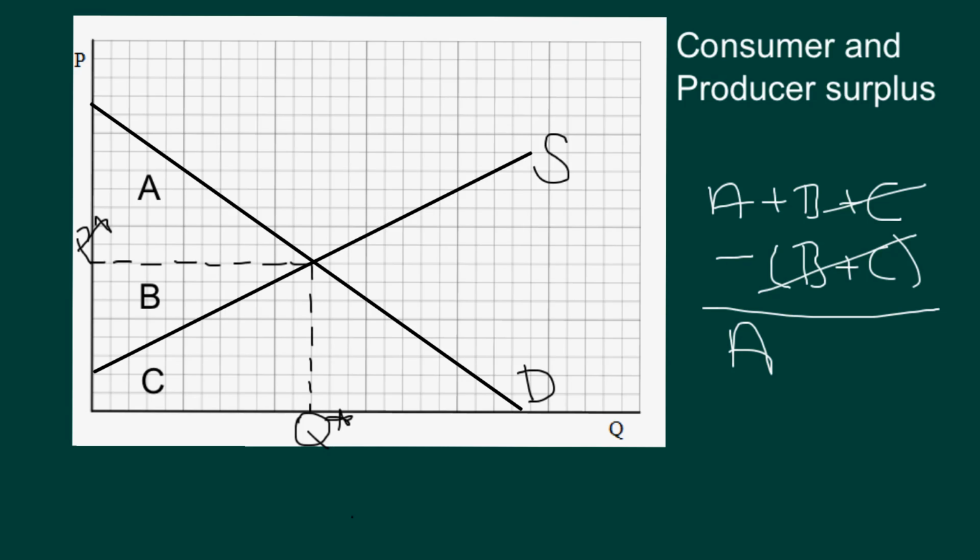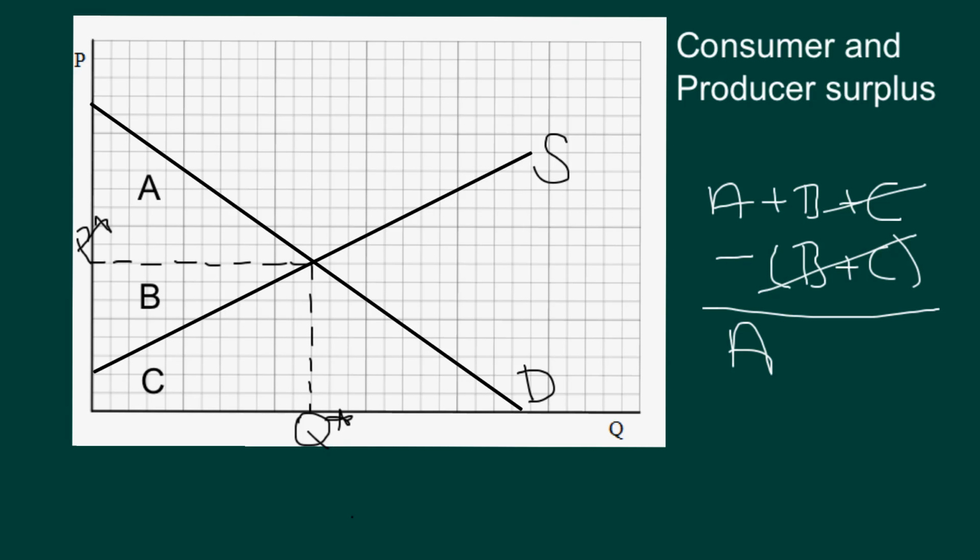Okay, so we can do a similar thing with the producers. Let's look at the producers' reality here. The reason they are able to come up with a point, say at this quantity it's this price, at this quantity it's this price, is that's the price that covers their cost. So each point on the supply curve represents the additional cost, the marginal cost to the producer. With them, what we want to look at is the difference between what they are paid and what they needed to be paid at minimum.